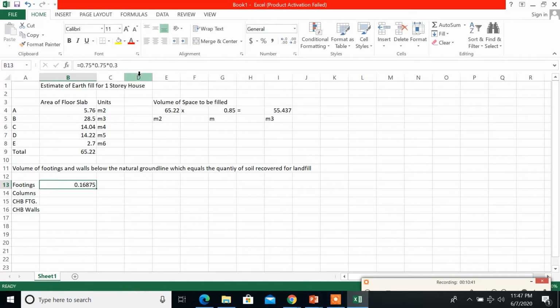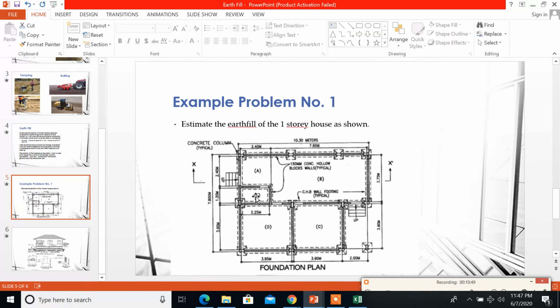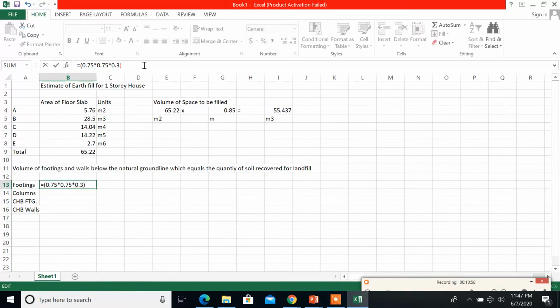Then next, times na lang natin siya sa number of footing. So based from the figure, we have 1, 2, 3, 4, 5, 6, 7, 8, 9, 10, 11, 12. Ayan. So we have 12 footings.